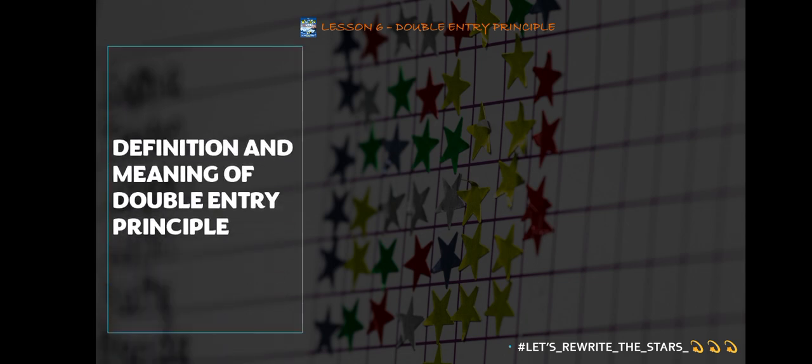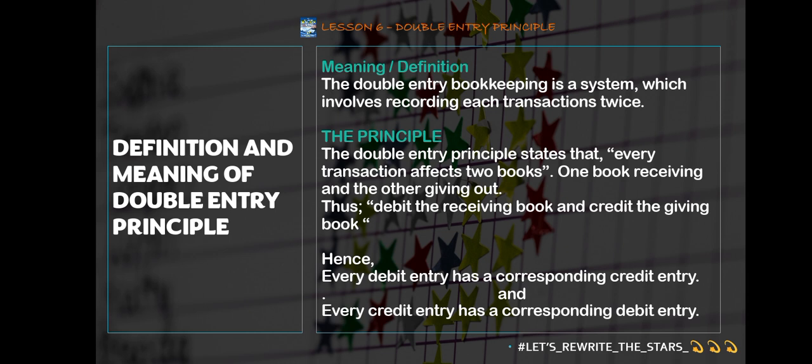Definition and meaning of the double entry principle. Double entry bookkeeping is a system which involves recording each transaction twice. Just as the name says, double entry. Double means two.